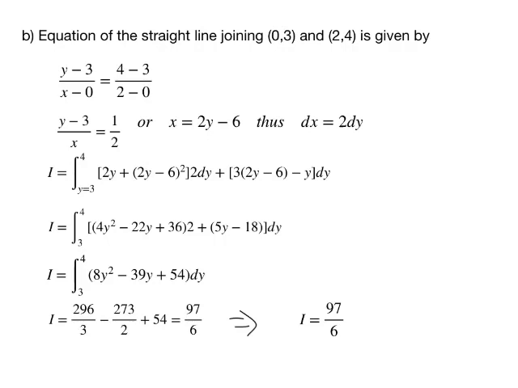Since I am expressing all the terms in terms of y, I should consider the integral varying for y from 3 to 4. Substituting the values of the given equation and integrating, I get I equal to 97/6 along the path straight line.